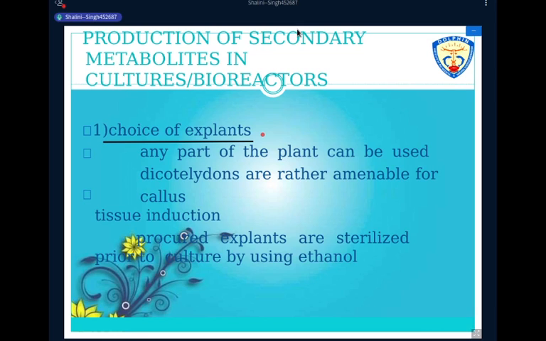Mint leaves have glands which produce mentha oil. So if you want to produce that oil in cell culture, you have to take leaf as explant. So in secondary metabolite production in plant tissue culture, morphogenic differentiation of the explant is very important. You have to take a specific explant for specific secondary metabolite production.